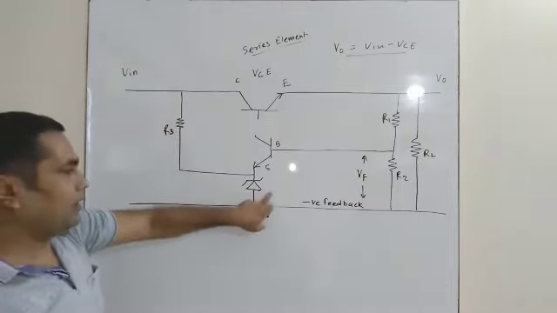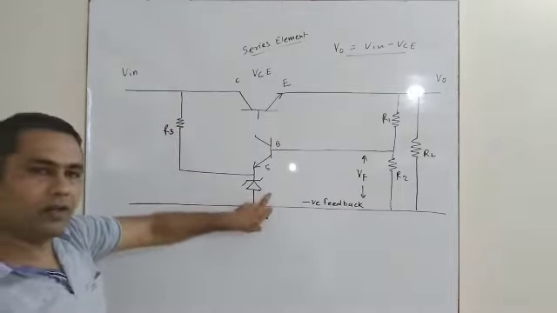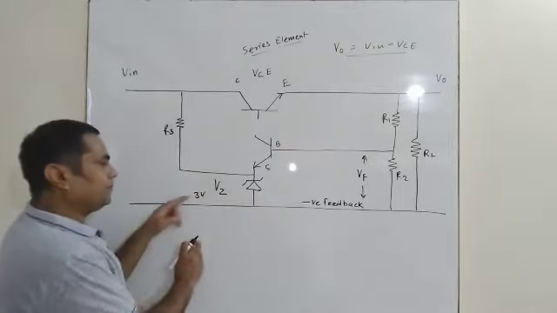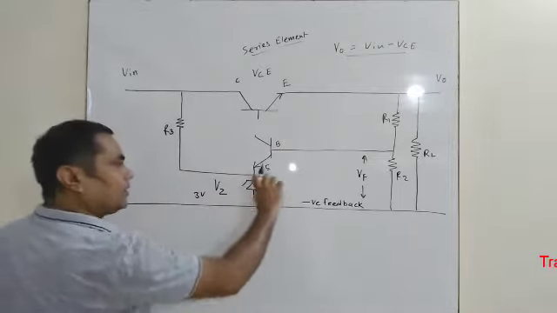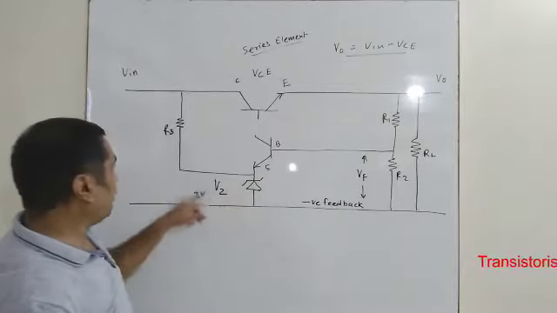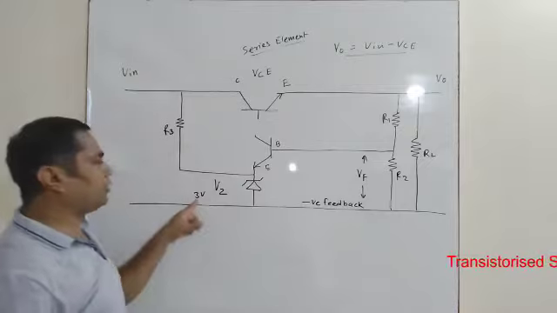So here, suppose we have connected a Zener regulator and its voltage is Vz, and this Vz must be less than that of the input voltage. Suppose a Zener diode of 3 volt is connected here. Then to achieve regulation using a Zener diode, the applied voltage should be more than the Zener voltage.